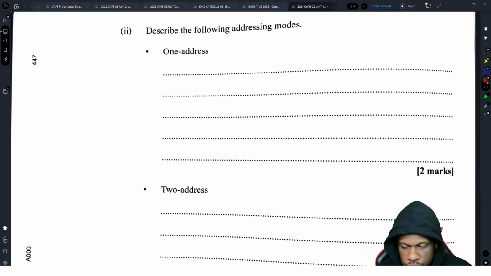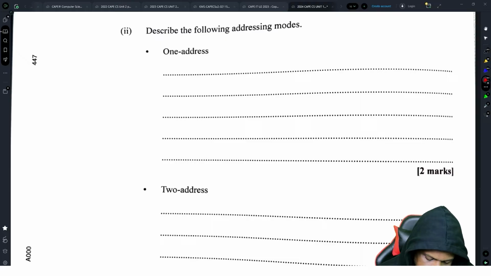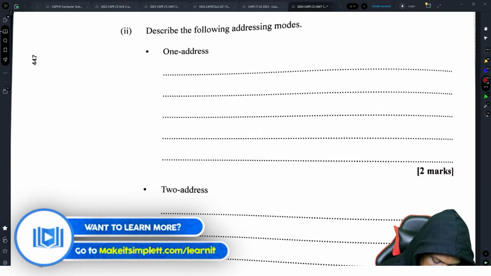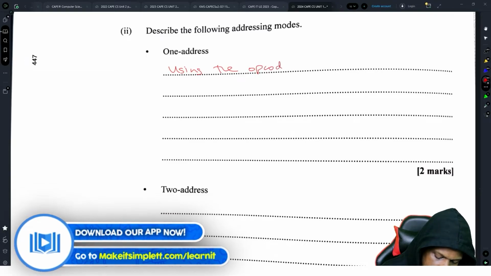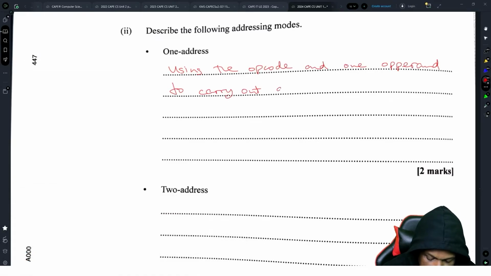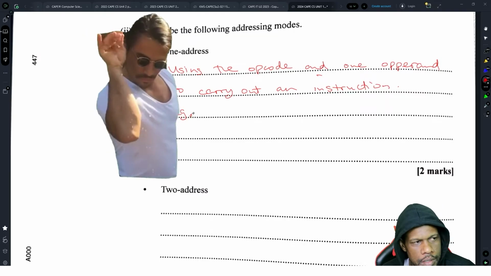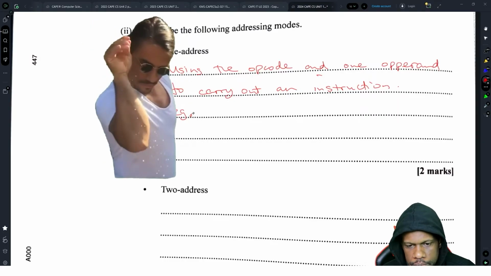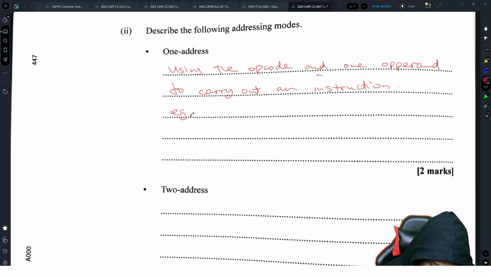Describe the following addressing formats. Oh, they just say to describe it. One address: this is using the opcode and one operand to carry out an instruction. You can also put a little example, because a little example ain't gonna hurt nobody. So example, move AX.